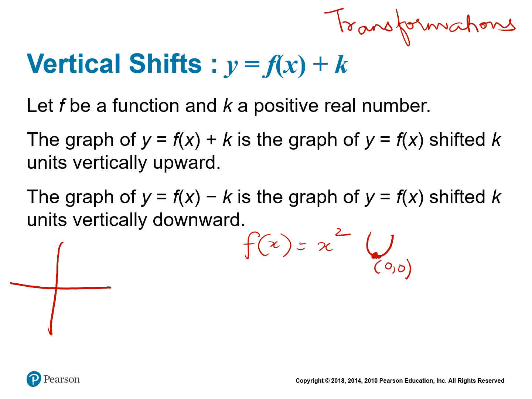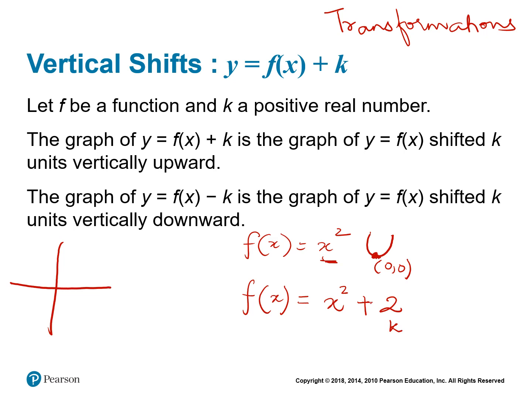That's the graph of the original x squared function, the basic quadratic function. Now if we transform this quadratic function and write it as f of x equals x squared plus 2, what this means is k has a positive value.